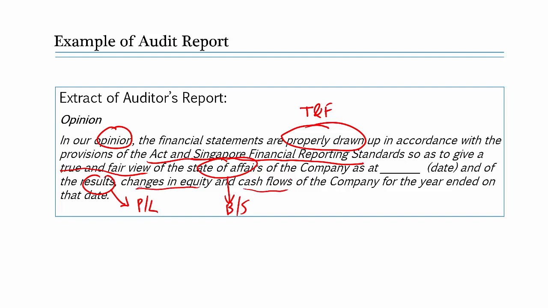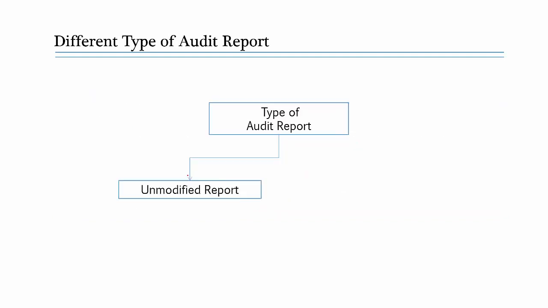The opinion is saying we have audited the financial statements and we are going to give a true and fair audit opinion because the financial statements have been prepared in accordance with the framework of the Singapore Financial Reporting Standards, FRS. So this is an example of a true and fair audit opinion.